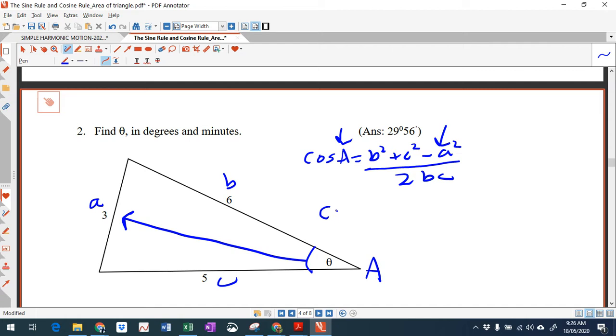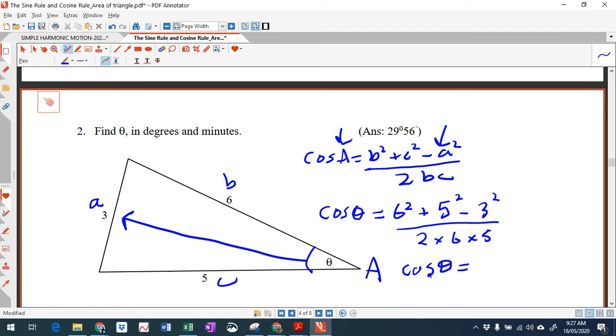All right, so cosine of theta equals 6 squared plus 5 squared minus 3 squared, and that's over 2 times 6 times 5. Okay, now if you put that fraction into your calculator, what do you get?